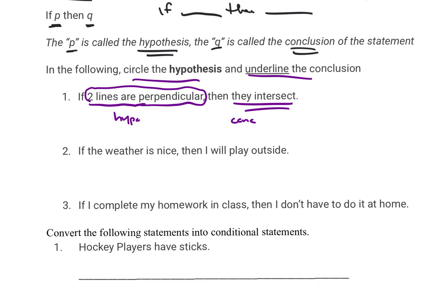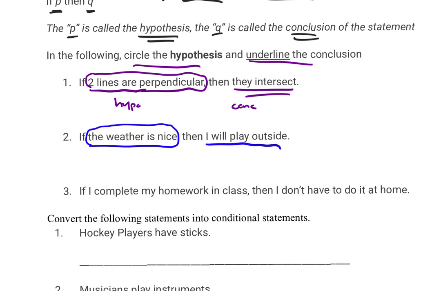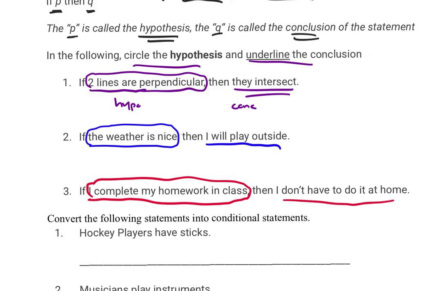If the weather is nice, then I will play outside. The weather is nice is my hypothesis, and I will play outside is my conclusion. Part three: if I complete my homework in class, then I don't have to do it at home. The hypothesis is I do all my homework in class.